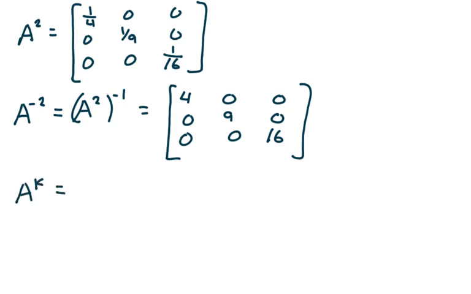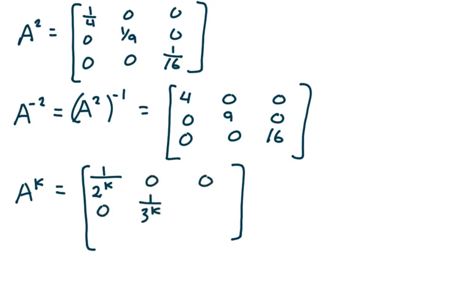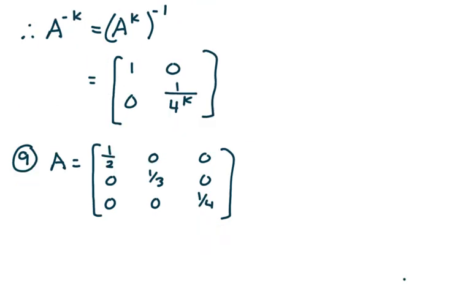Now, A to the k, where k is any integer, is the following. I'm going to get 1 over 2 to the k, 0, 0, 0, 1 over 3 to the k, 0, 0, 0, 1 over 4 to the k. So if we go back, I'm just taking every entry along the main diagonal and raising it to the k power. But that just means I need to take the denominator and raise it to the k.